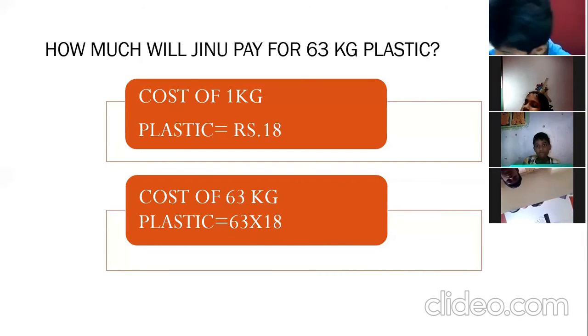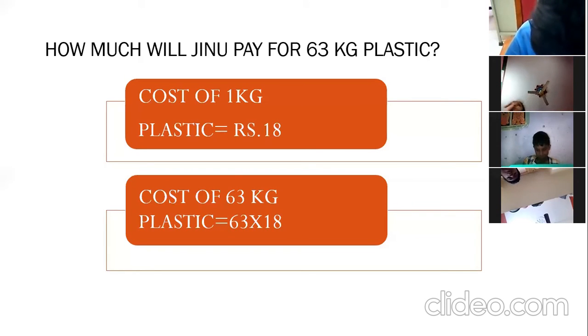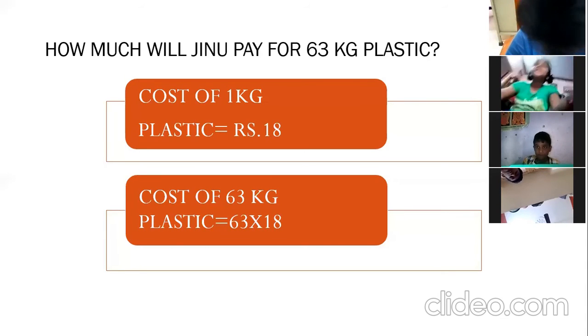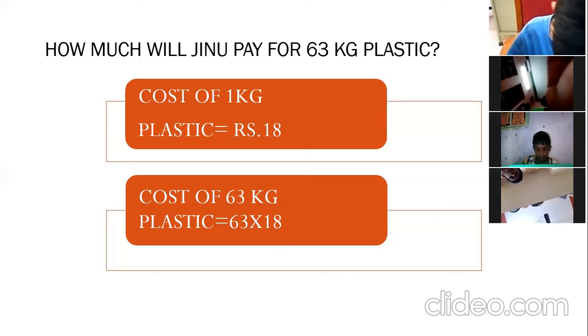Try this. What is the cost of 63 kg plastic? When 1 kg plastic is 18 rupees, what is the cost of 63 kg? So the calculation will be 63 into 18.